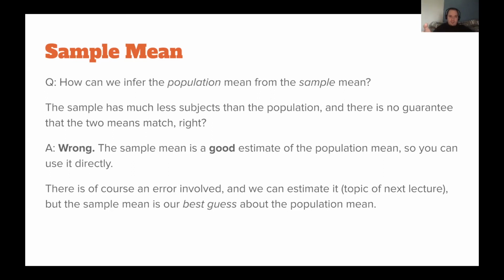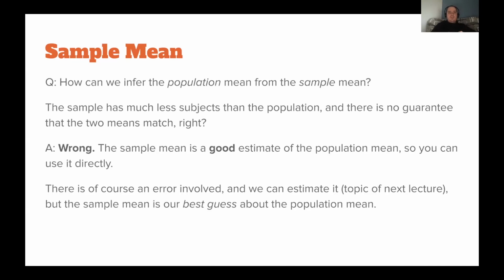There is no guarantee that they match, right? Well, actually, you would be wrong if you assume that. And the reason is because the sample mean is a good estimate of the population mean. So you can indeed use it directly. And there are mathematical theories behind this that I will not go into details about. I will try to offer you an intuition about it.